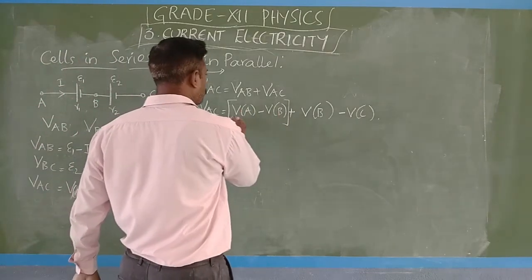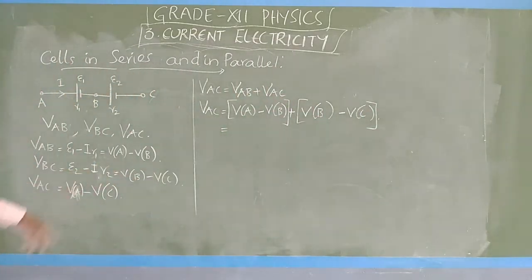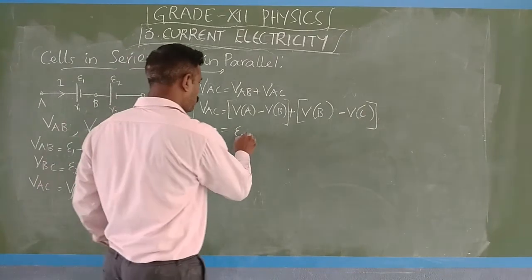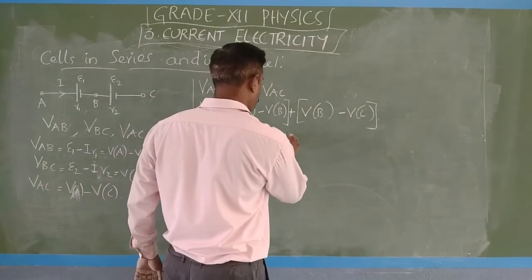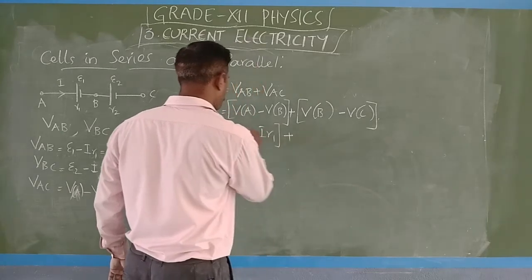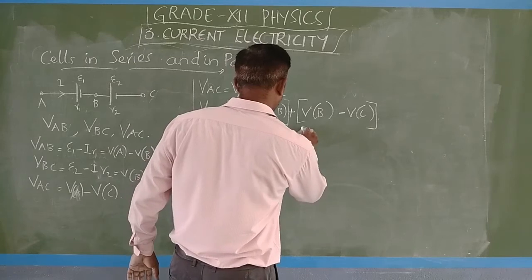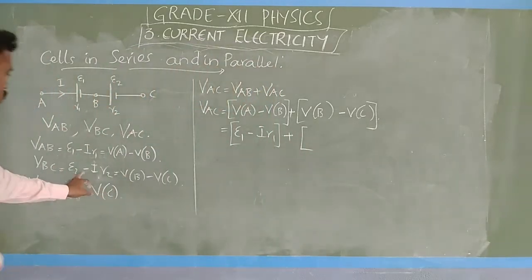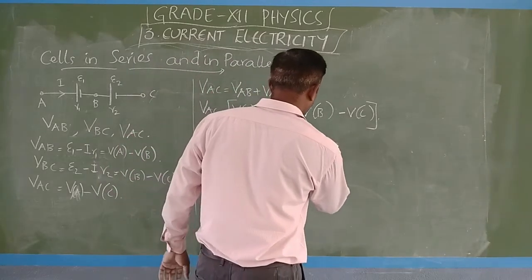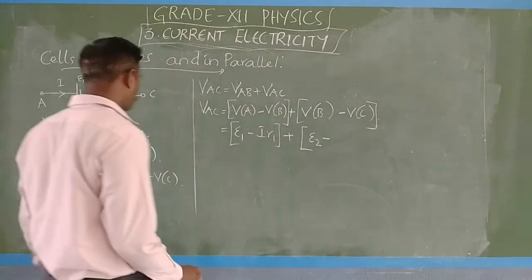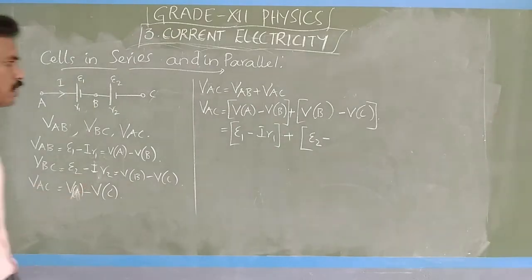These two terms give E1 minus IR1, plus VBC, which is what? E2 minus IR2.